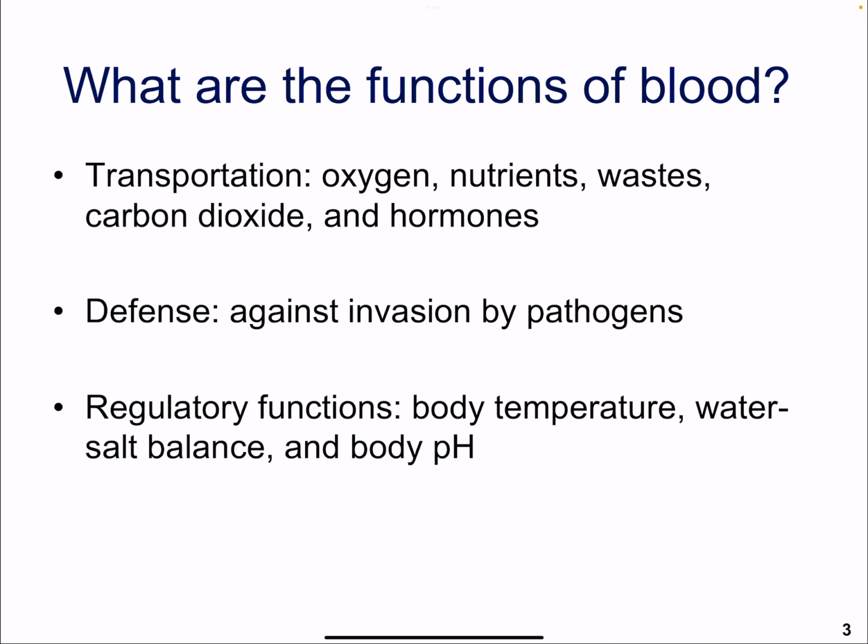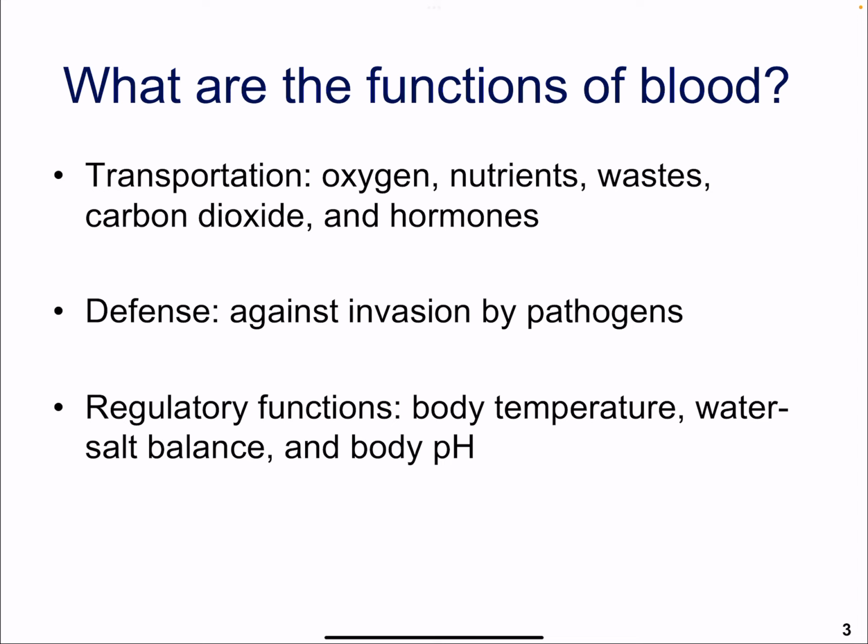Now, first, what are the functions of the blood? The blood is going to be very important to transport nutrients, oxygen, waste, including carbon dioxide and byproducts of chemical reactions, and hormones.